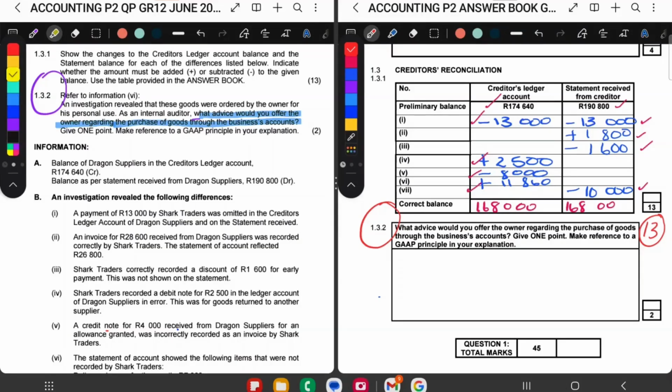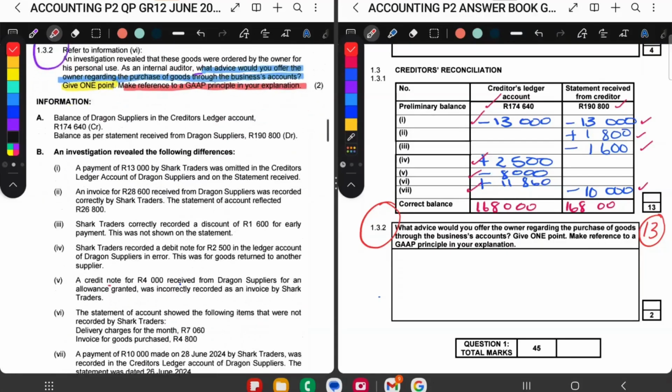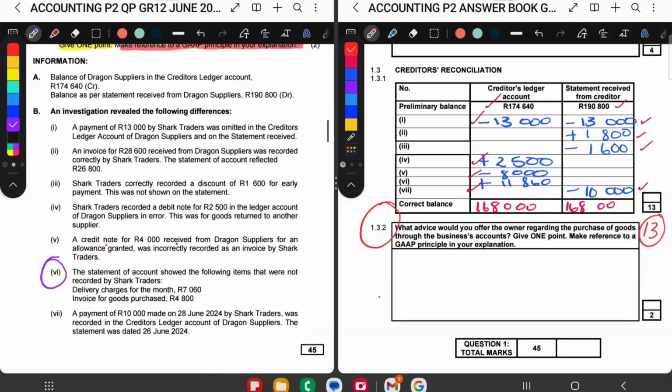And then it says give 1 point. And while you're giving that point, make reference to the GAAP principles in your explanation. Okay, so let's go read the information. The statement of accounts showed the following items that were not recorded by Shark Traders. Okay, so the owner bought goods for personal use.